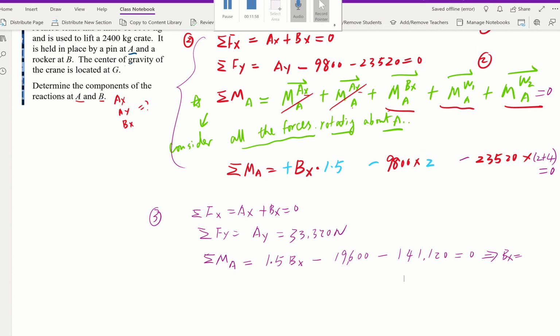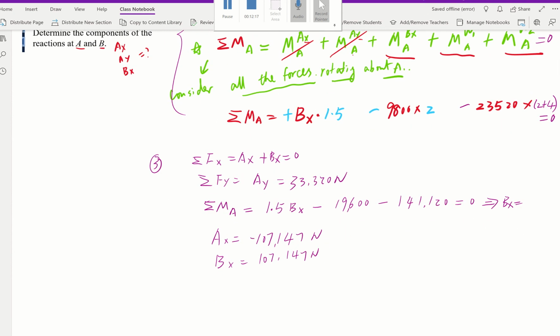So from all this, what we calculated is our AX is equal to negative 107,147 Newton, and our BX is equal to the same value but opposite sign, and our AY is 33,320 Newton.